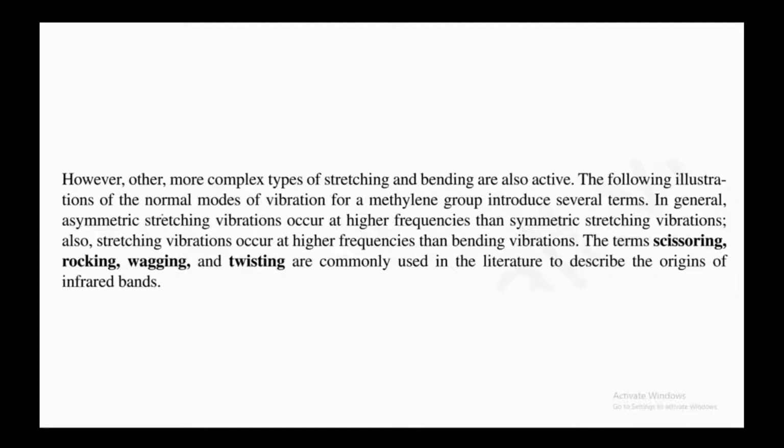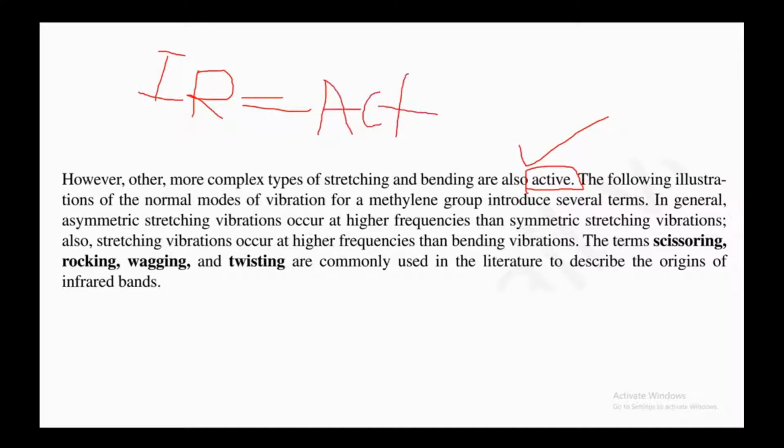However, other more complex types of stretching and bending are also active. These are called IR active because they are detected by IR. Stretching and bending vibrations are the most important in IR, so we call them IR active vibrations.